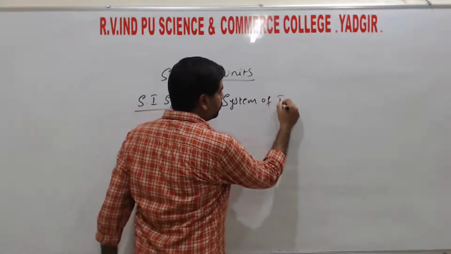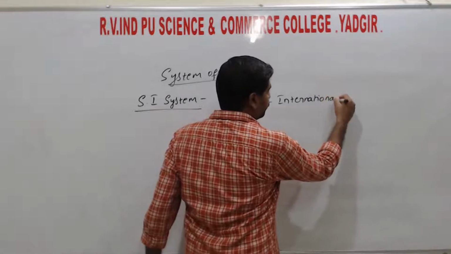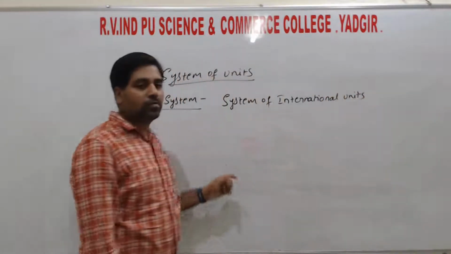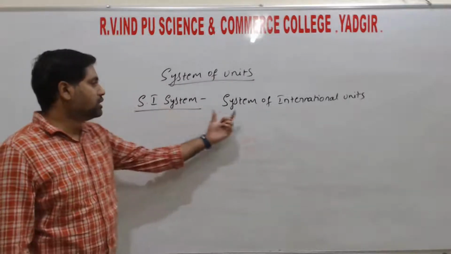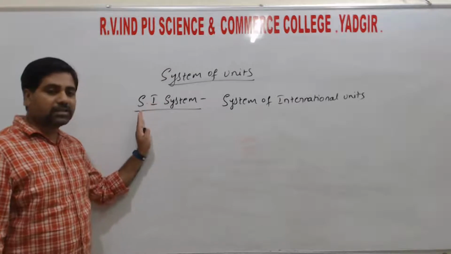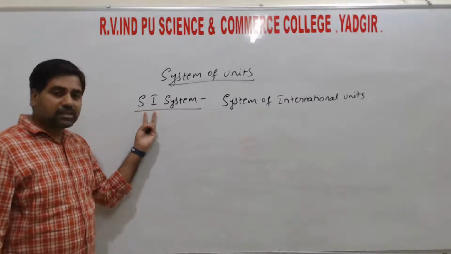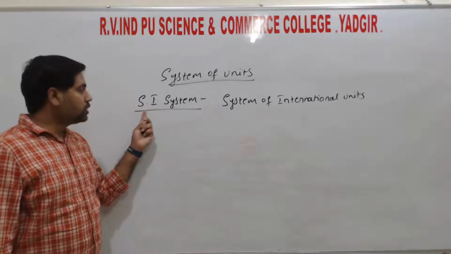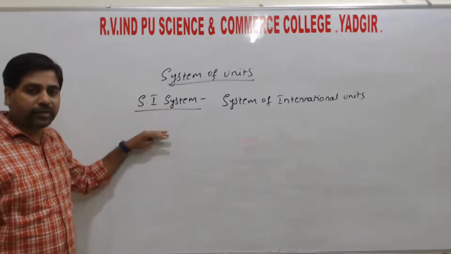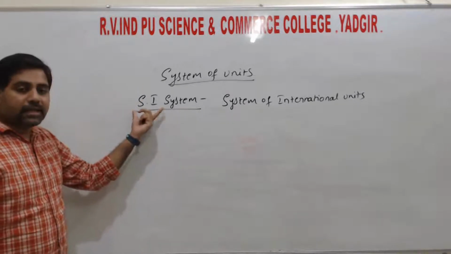System of international units. So the long form of SI unit is system of international units, or we can also say international system of units. This system we are going to use in our physics and also in chemistry, that is the SI system.